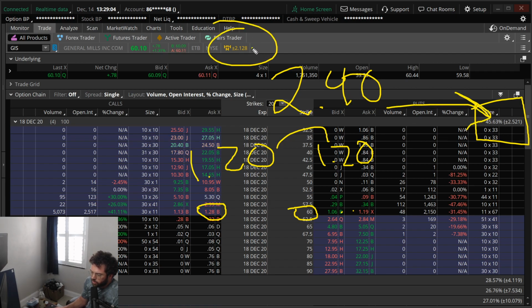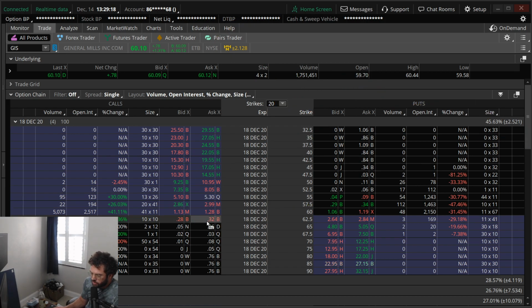And of course, the big earnings mover is going to be the catalyst to move the stock higher or lower here in General Mills. Therefore, if we want to play an upside bet, we can look at the call options, right? If we look at the 62.5 calls, they're around 30 cents, so that's what we call price to perfection. Add the implied move of earnings plus the stock price, so let's just say about 2.40 plus 60 bucks, that gives us about 62.5 bucks, right around there, and those calls are going for 30 cents.